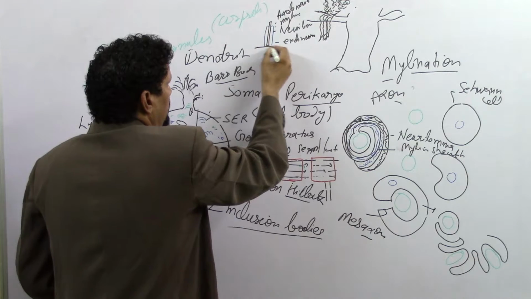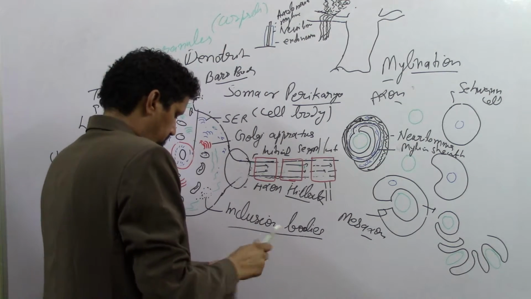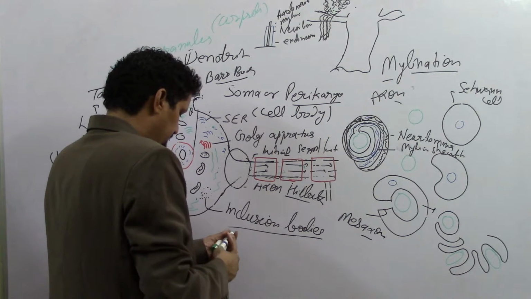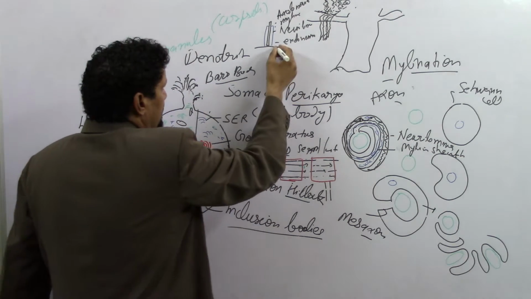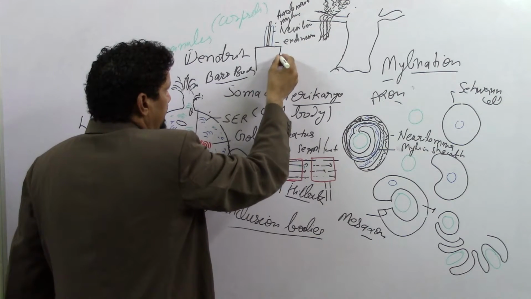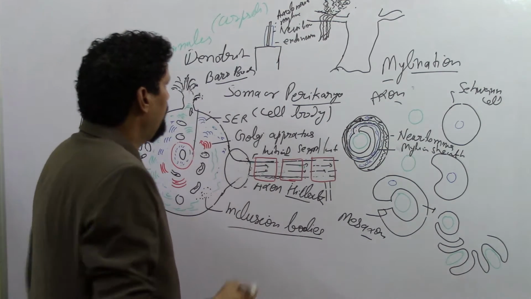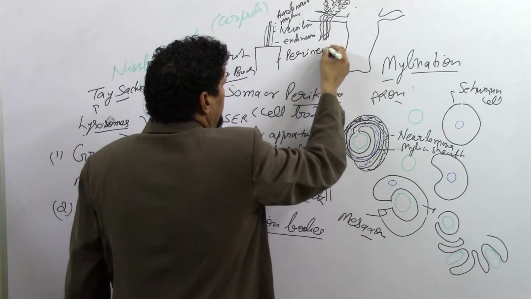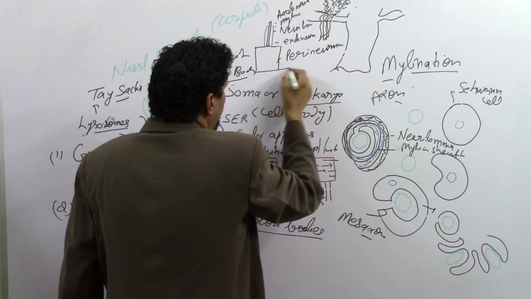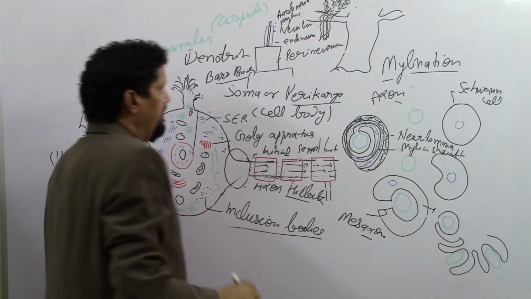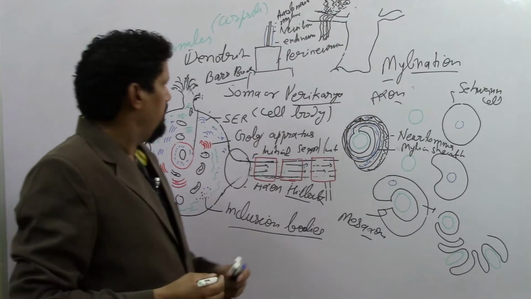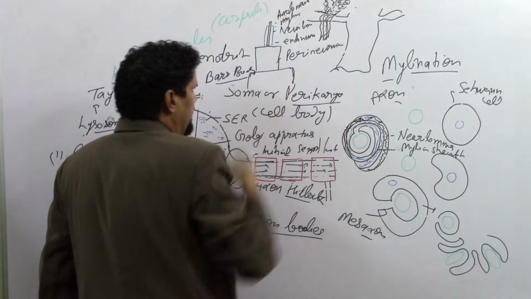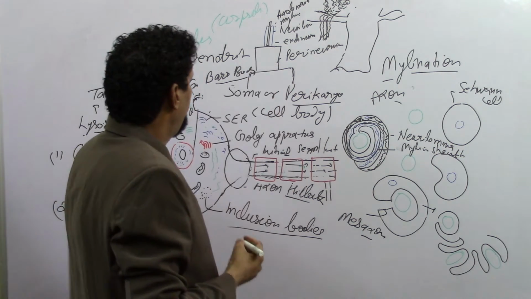This axon now will form a fasciculus, which has multiple axons, and these axons are covered by a sheath of connective tissue known as perineurium, and multiple fasciculi will form the trunk of a nerve, or a bundle of the fasciculi.